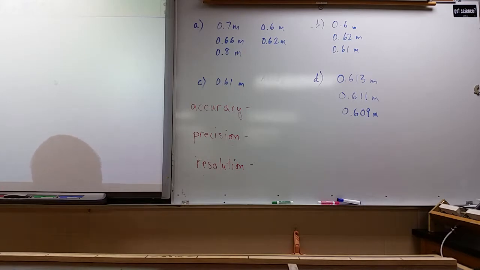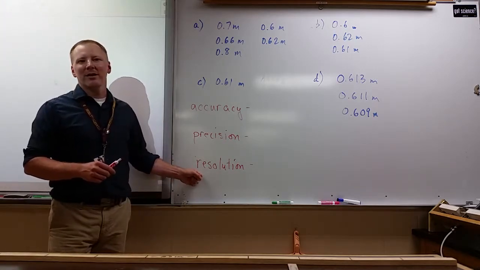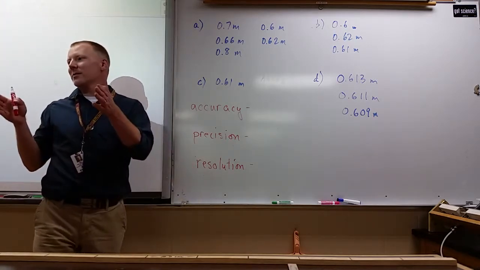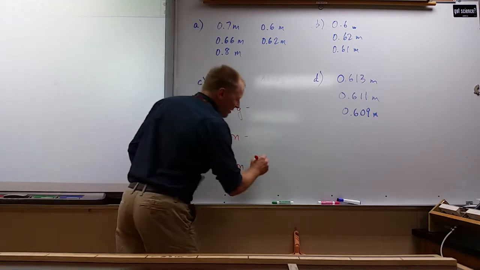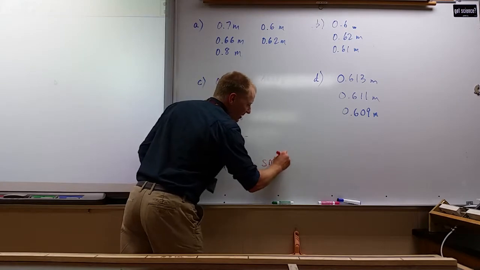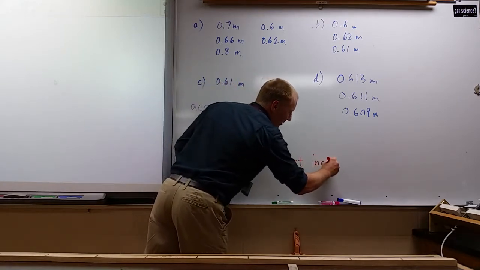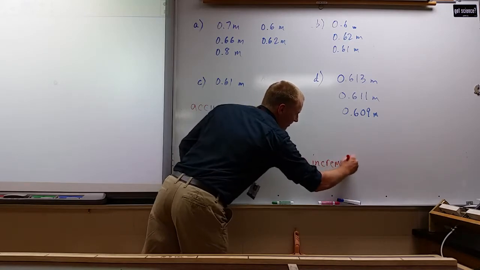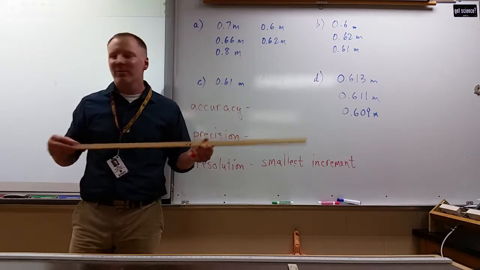So what we were dealing with first off was resolution. Resolution is the smallest increment a device can measure. So the distance between the 2 nearest marks. And I'm just going to put smallest increment up there. And we saw a big difference because the smallest increment on the first one was just 1 meter.